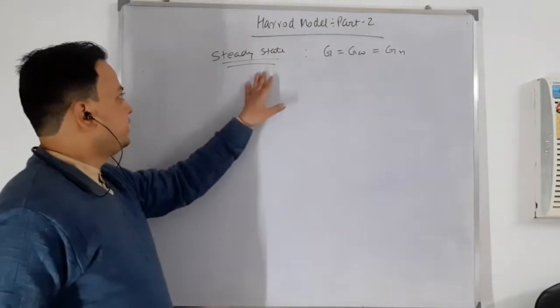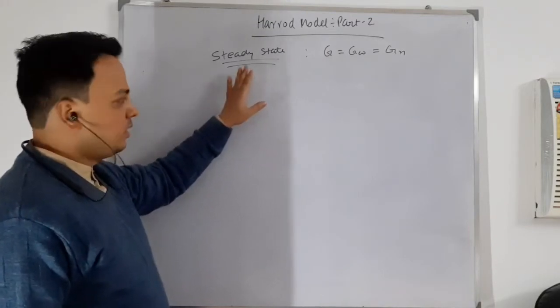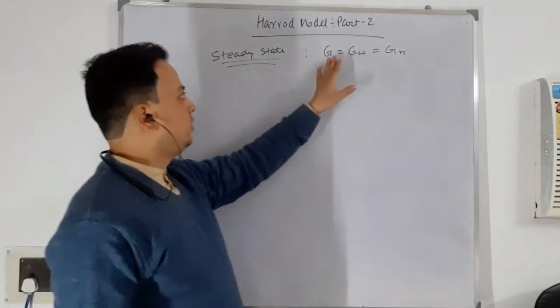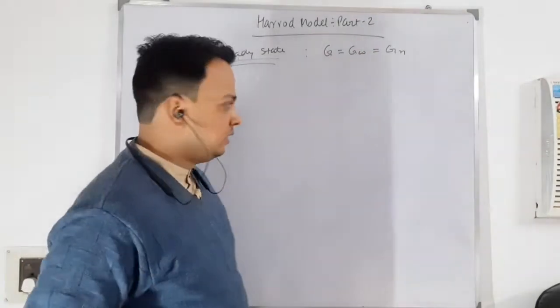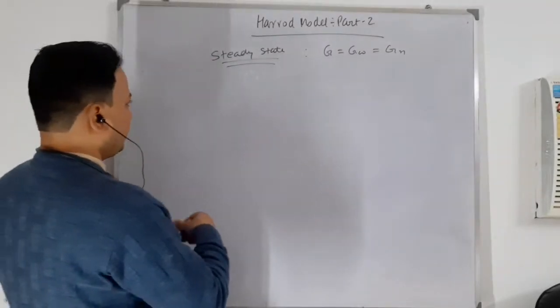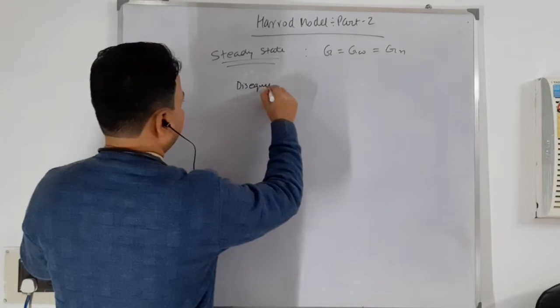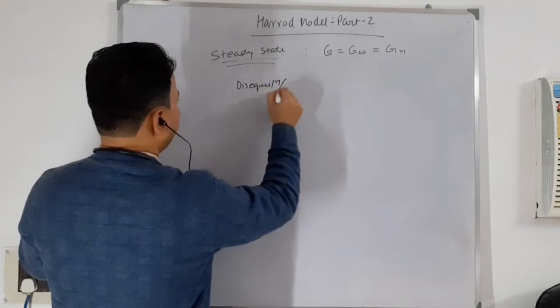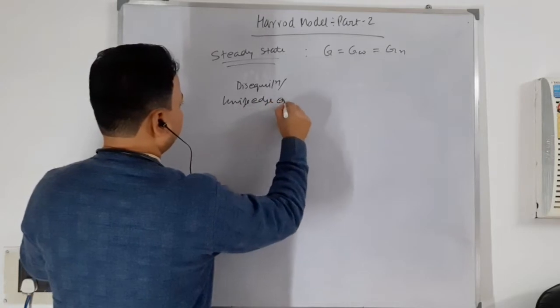In the last lecture I looked at steady state, which is a condition where your actual growth rate equals the warranted and natural growth rate. In today's lecture, I am going to look at disequilibrium, also called knife edge equilibrium or razor sharp equilibrium.